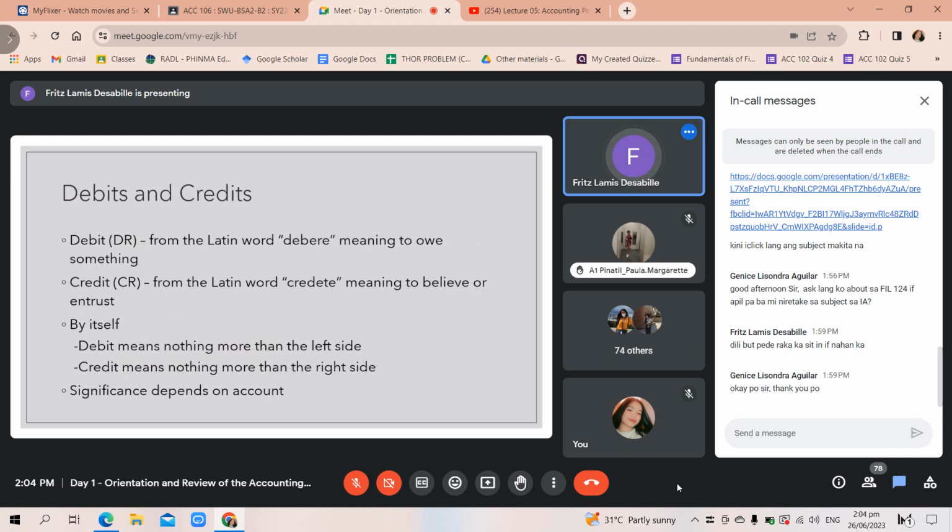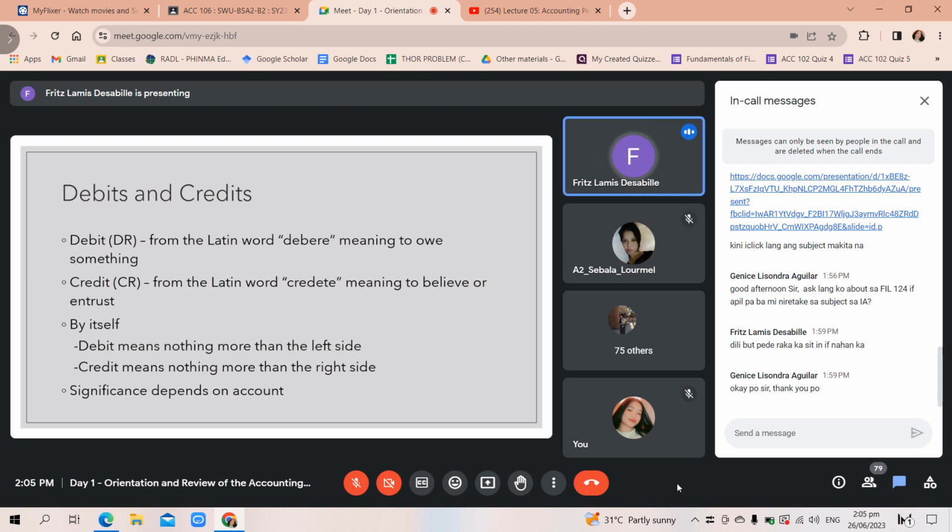So, definition. Debit simply means, remember guys, there are theory questions regarding the definition of debits and the definition of a credit. I'm quite familiar with giving this in your exam or quiz, in ACC 102 last year or last semester: what is the definition of debit, what is the definition of credit. Debit simply means the left side of the entry.